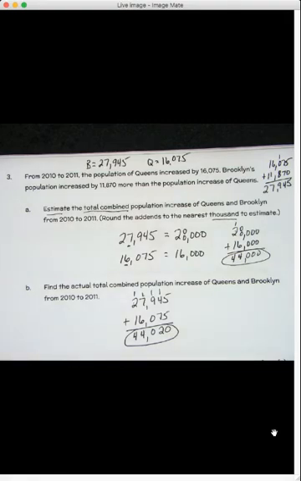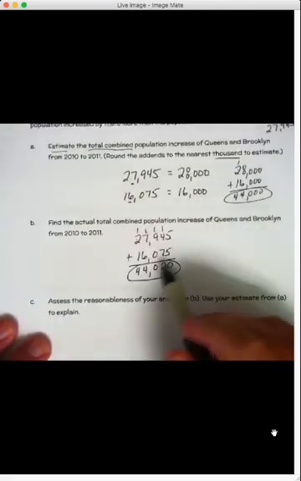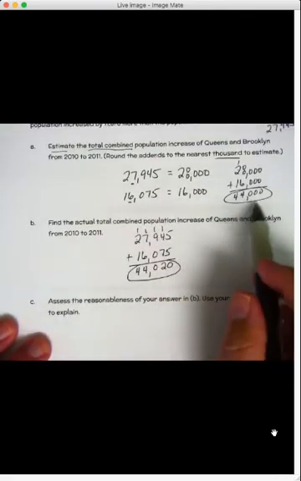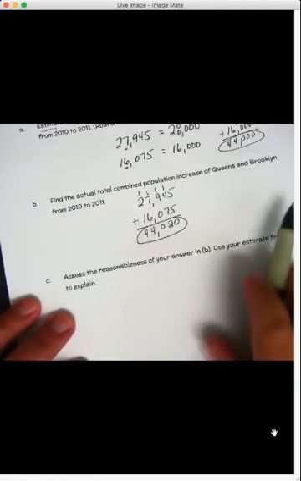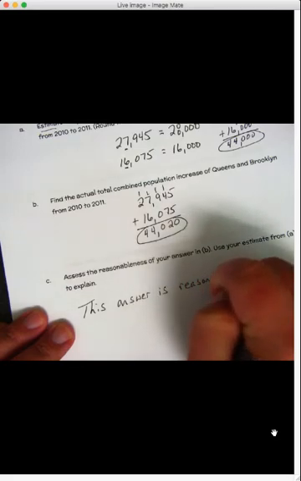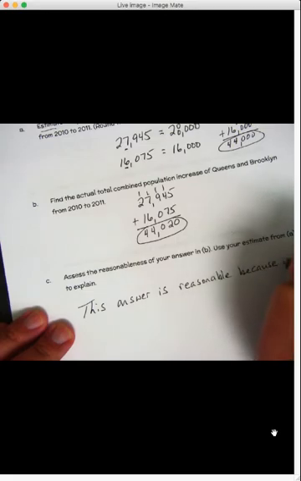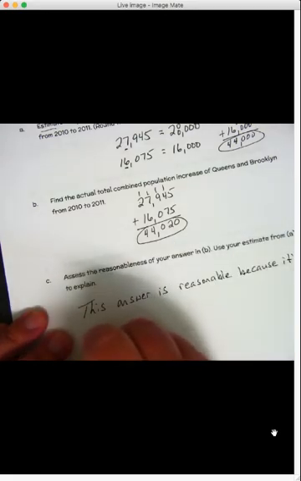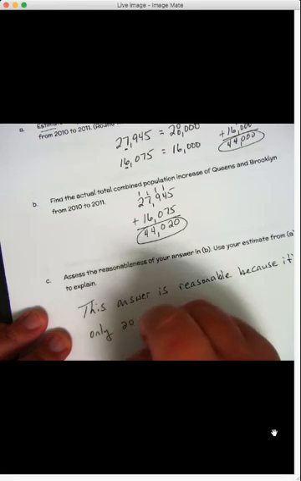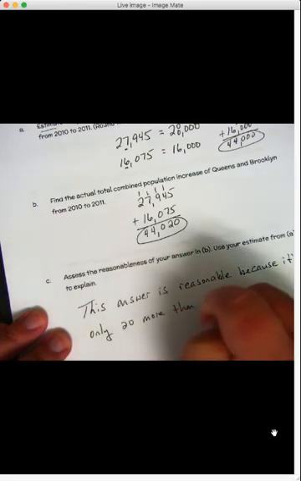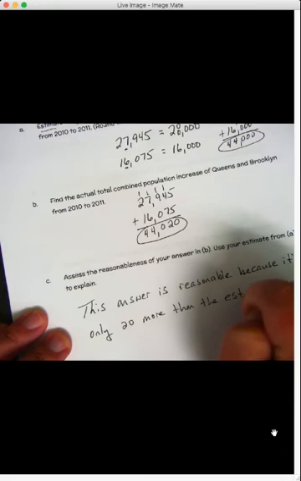Assess the reasonableness of your answer in B. Use your estimate to explain. Wow, look at how close these two numbers are together. They're only 20 apart. 20 people. So this answer is reasonable because it's only 20 more than the estimate.